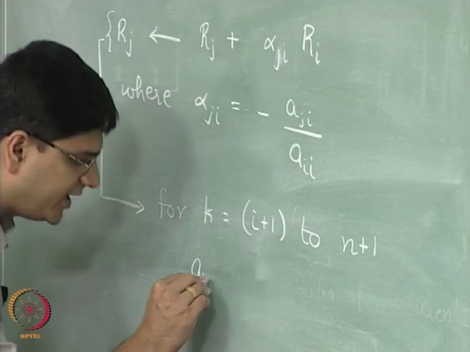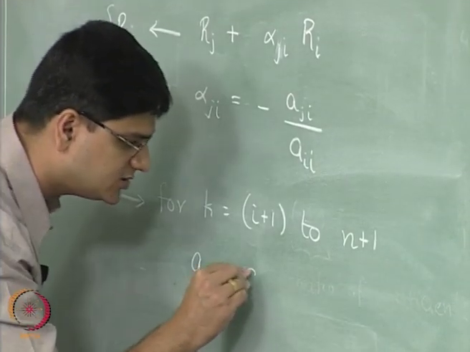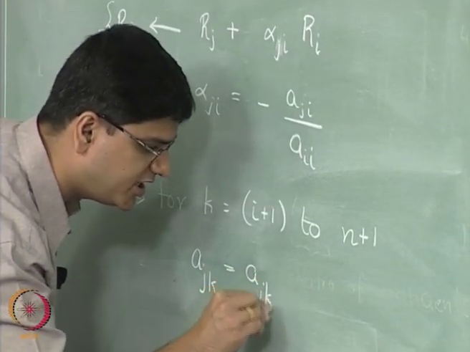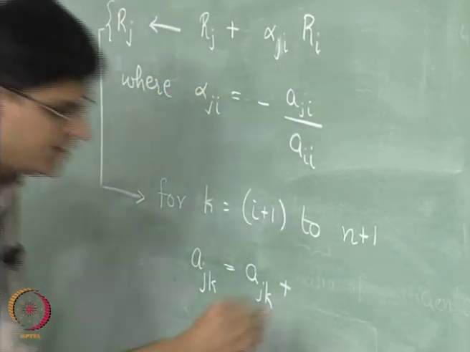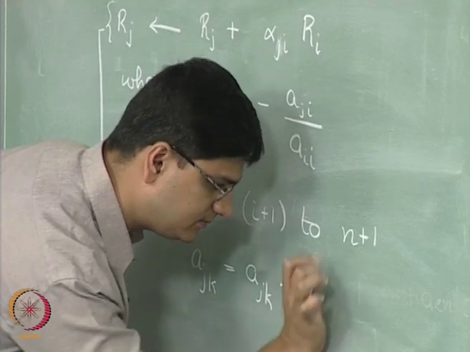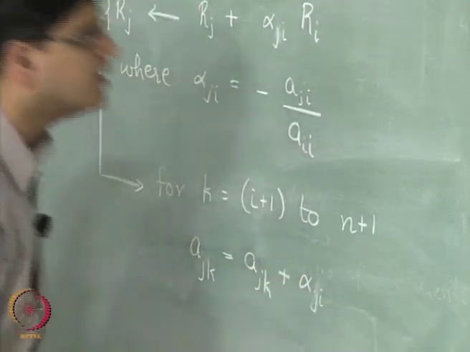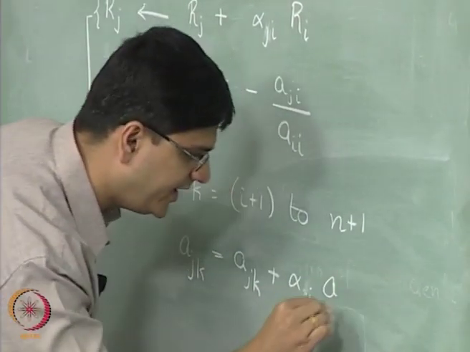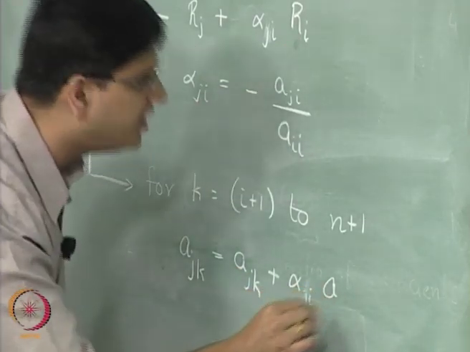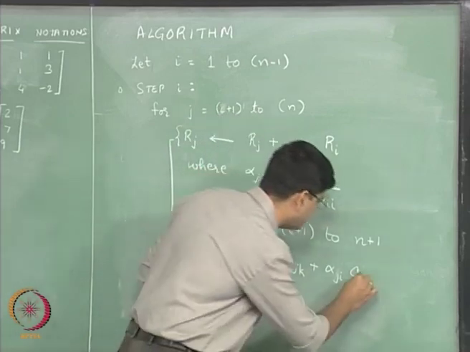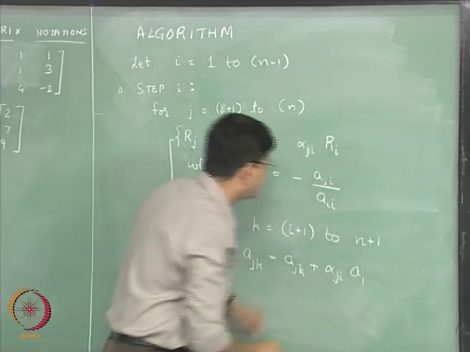So we will have a_{j,k} equal to a_{j,k} plus alpha_{j,i} multiplied by a_{i,k}.